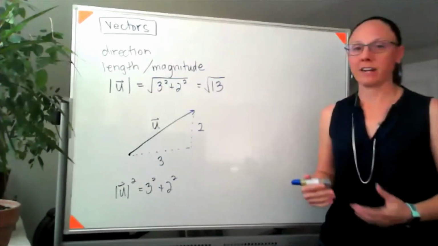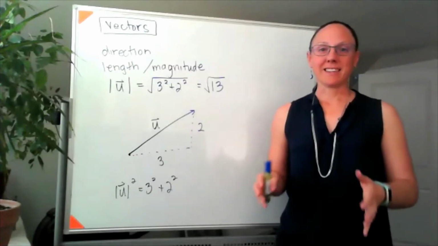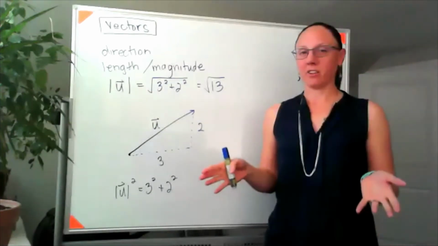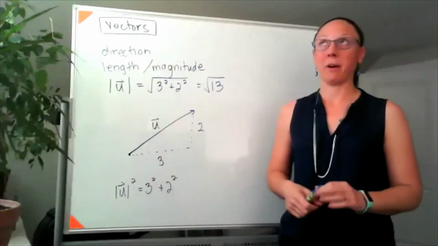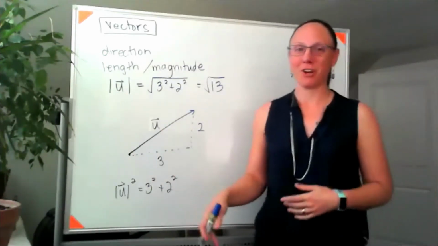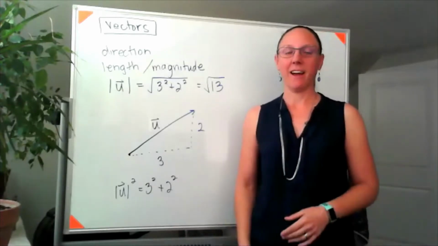When we talk about direction for vectors, this really varies depending on the context, whether I'm talking about this in a physics class, or I'm talking about this in 17B, or I'm talking about it in 17C.